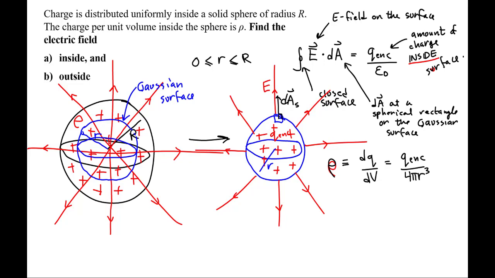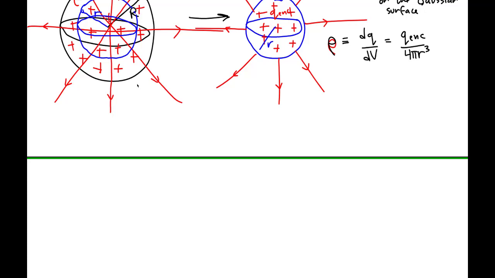Let's go ahead and write Gauss's law for what we have. Gauss's law says that the total electric flux through a closed surface is equal to the charge enclosed by that surface divided by epsilon naught.